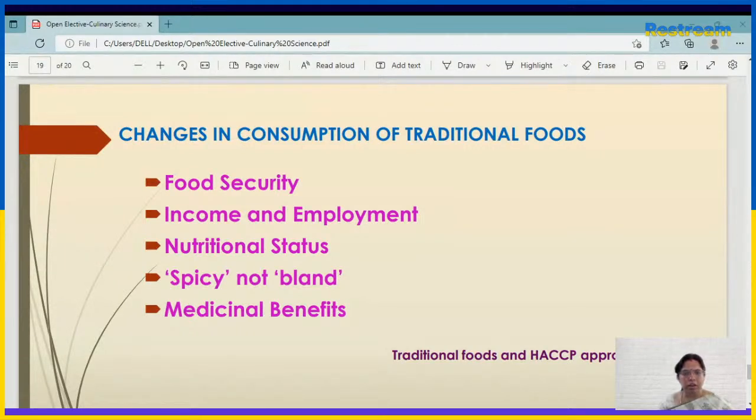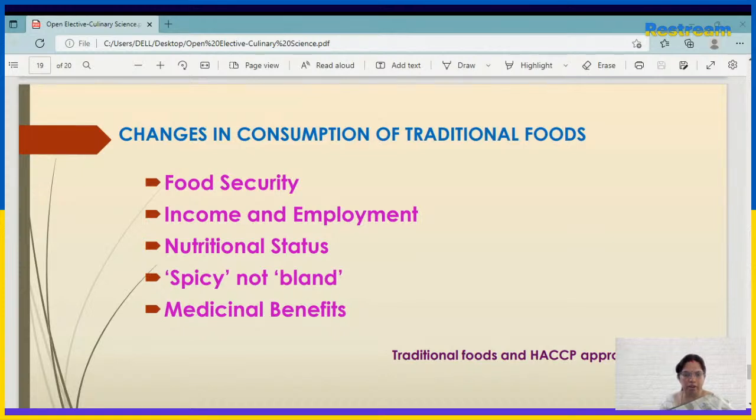And traditional foods are found to be an important source of income and employment for millions of people. Optimum health and nutrition of individuals is dependent on the regular supply of food and intake of a balanced diet. Many traditional food products have strong flavors which can enhance the food and make it spicy. Apart from that, traditional foods also have medicinal benefits.